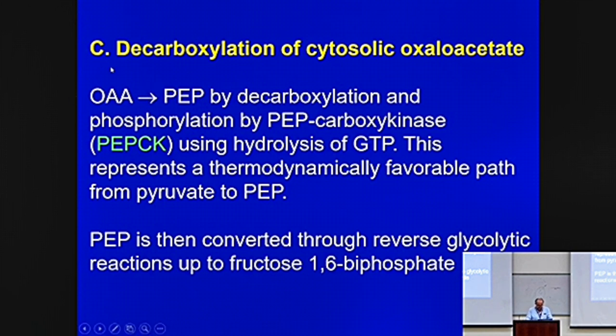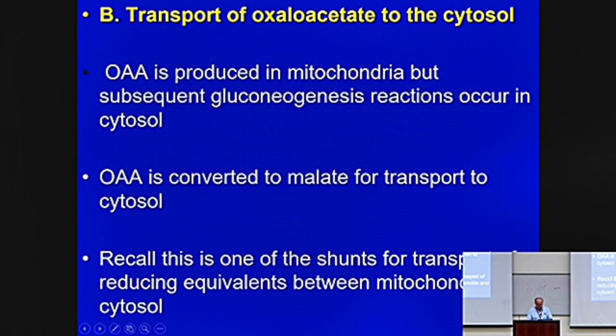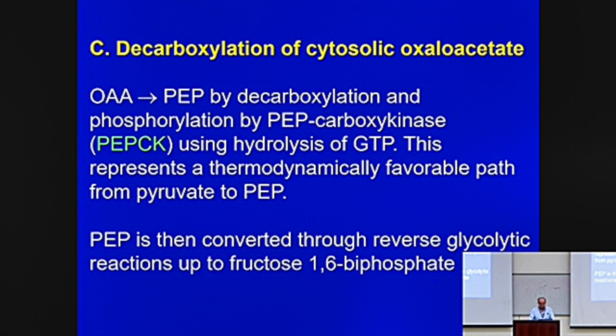Once malate is in the cytoplasm, it is going to be reoxidized to oxaloacetate. The malate conversion was to be able to transport it out of the mitochondria. Once in the cytoplasm, it's reoxidized by the same enzyme, cytosolic malate dehydrogenase, gives you oxaloacetate.